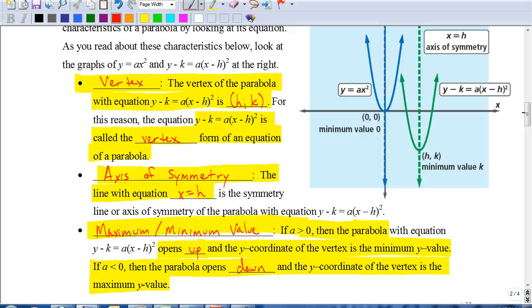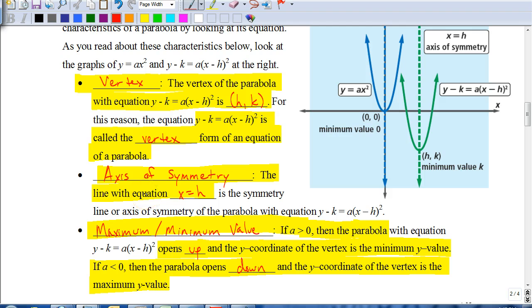So first off, there's three things that we're going to find when we go to graph it that's going to make the graphing easier, and the first thing is going to be the vertex. The vertex is really, really important. In fact, y minus k equals a times x minus h squared is called the vertex form of an equation.